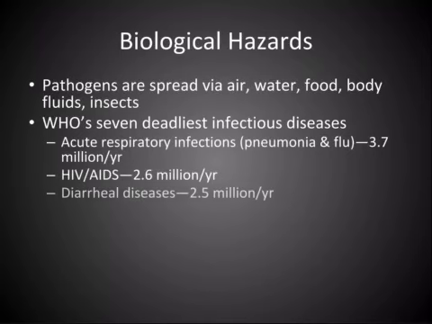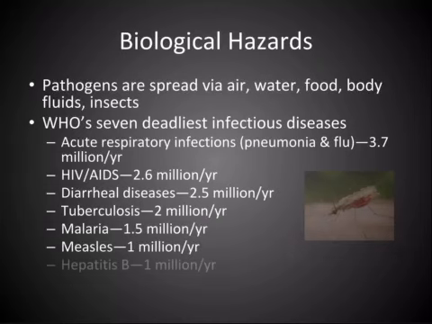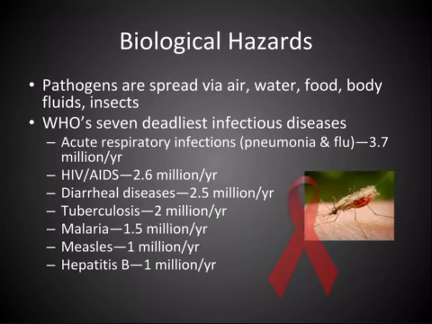HIV and AIDS, diarrheal diseases, that one may come as a surprise, but a lot of people suffer from diarrheal diseases when they don't get the proper hydration. Tuberculosis, malaria, measles, hepatitis B. So those are going to be the 7 deadliest infectious diseases.